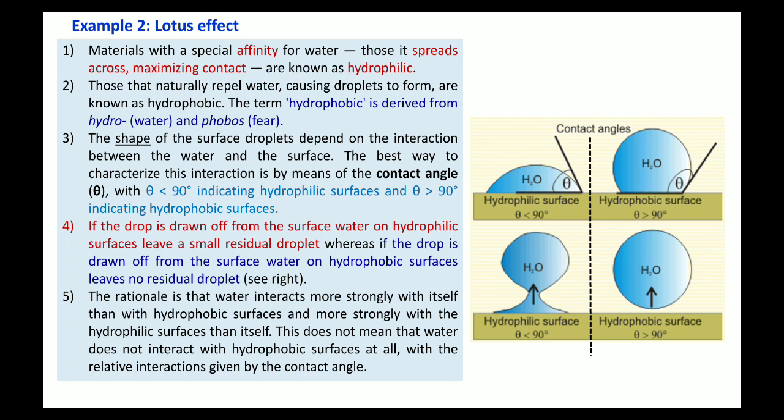So this is a kind of an interaction. Based upon interaction, in the hydrophilic case, the water still remains on the surface. Even if you want to remove it, still some water gets stuck to the surface.